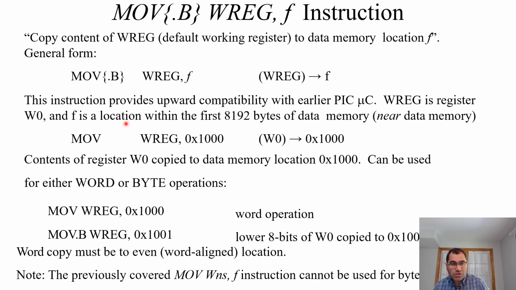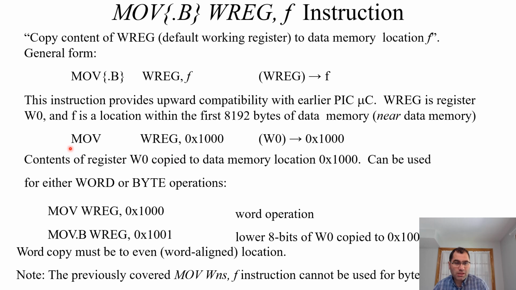WREG is a register, W0 as I mentioned, and f is a location within the first 8192 bytes of data memory. If you remember the figure I showed, that's the near data memory. On top you have SFRs, under that you have working registers, and then under that you have near data memory.